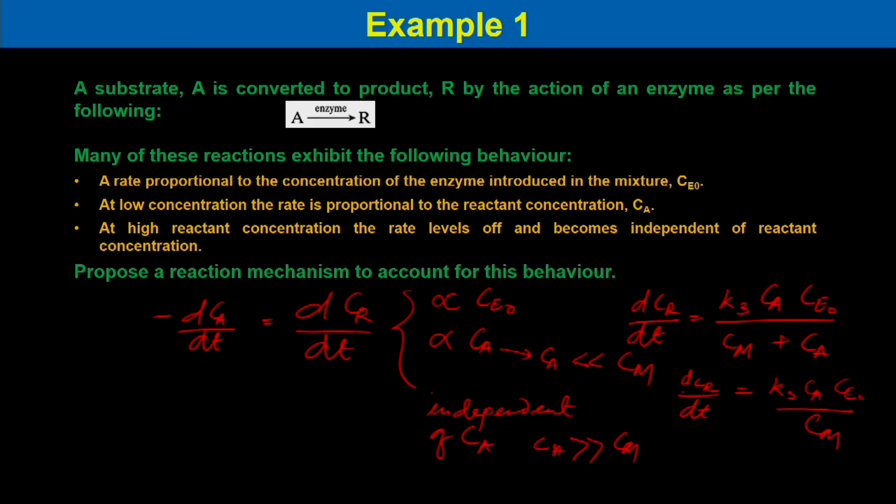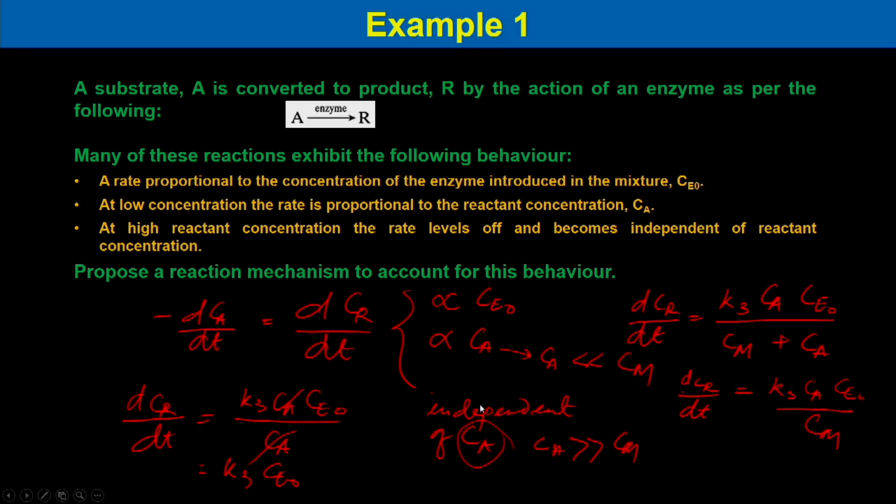That means, when this is very large, this can be written as dCr/dt equal to K3 Ca Ce naught by Ca. So, then this will cancel out and it would be K3 Ce naught. So, that means it would be independent of concentration Ca.